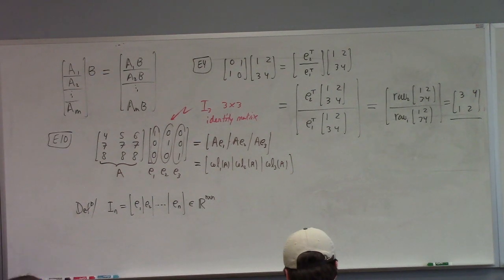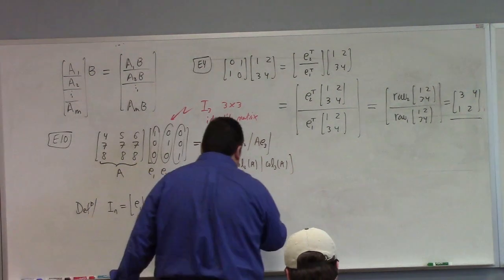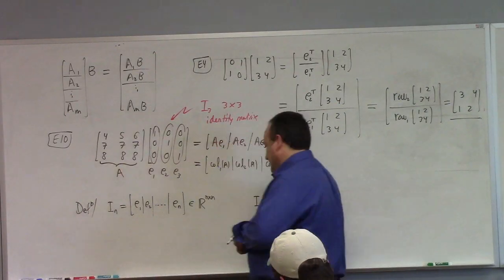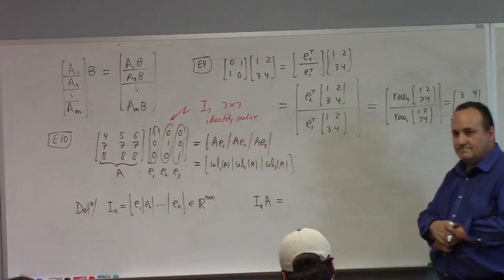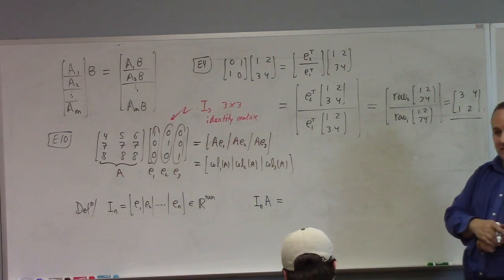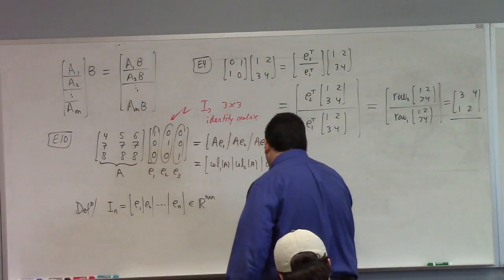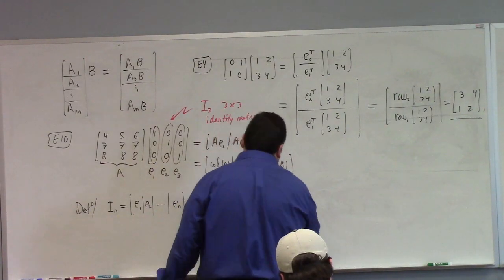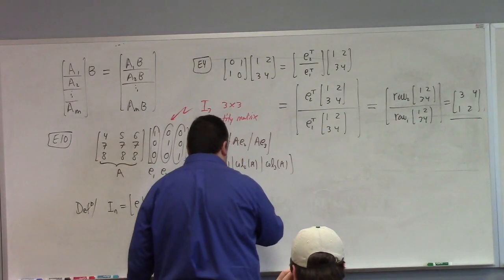What happens if we take this matrix times A? We get A again. And why is that? Oh man, I'm sorry, I meant to do A times that.